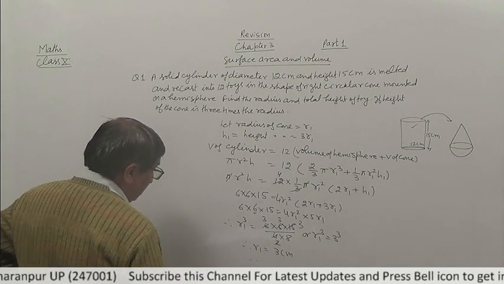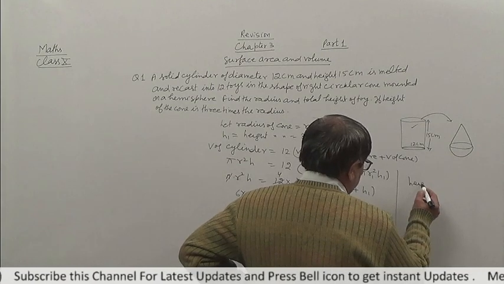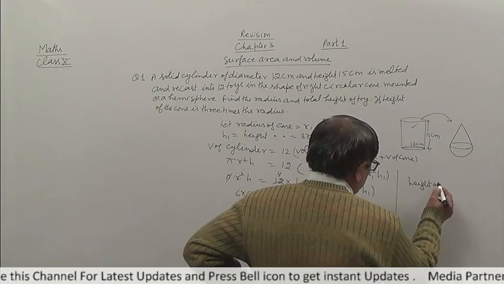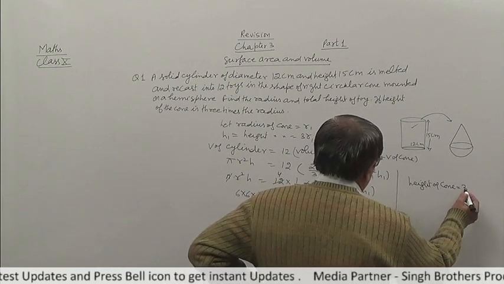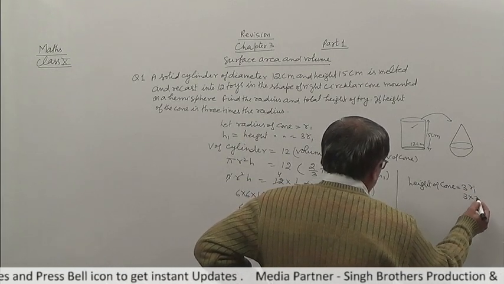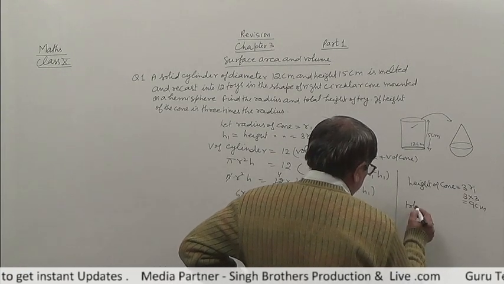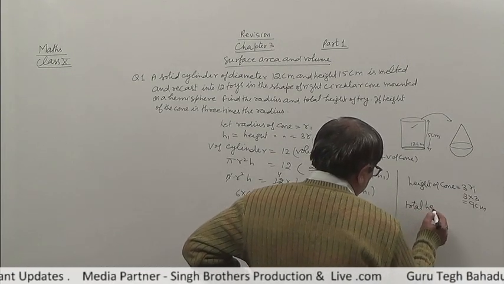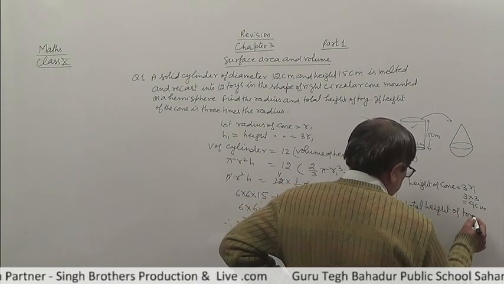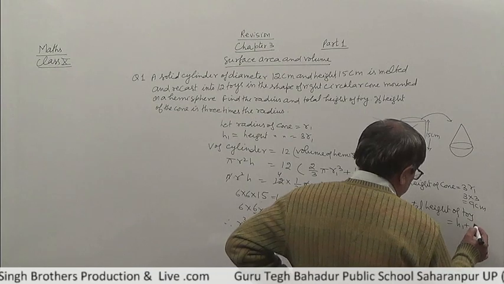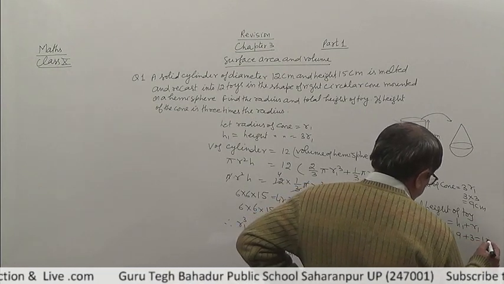And total height: height of cone is 3r1, so 3 into 3, that is 9. Total height is 9 plus 3, that is 12 centimeter.